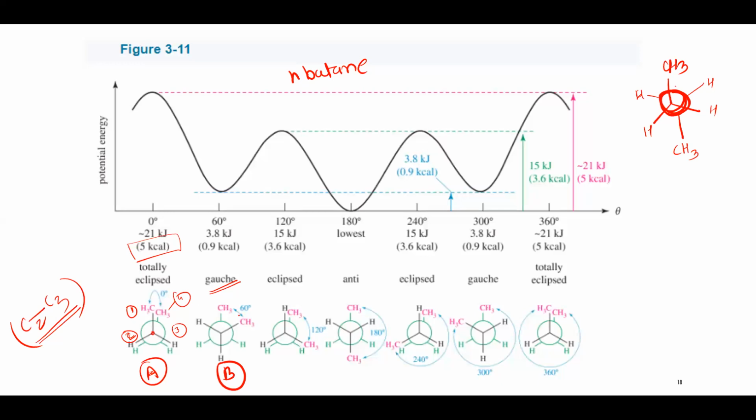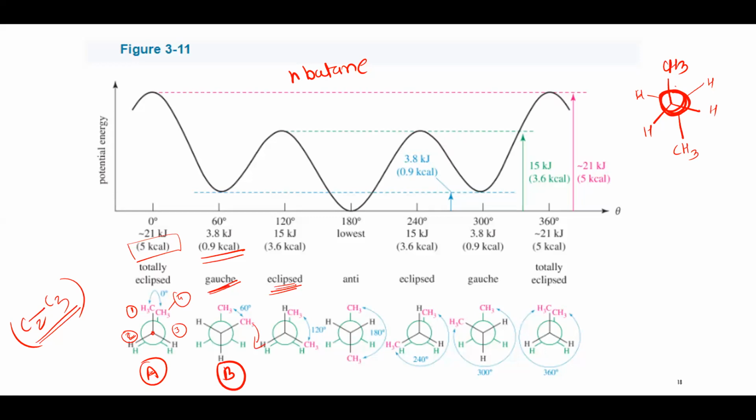Here the methyl groups are away from each other by 60 degrees. We get the conformation called gauche conformation, and the energy for this conformation is 0.9 kilocalories. Similarly, if we rotate the molecule again by 60 degrees, the total angle between the methyls will be 120 degrees. So this is an eclipsed conformation. The first one was total eclipse.